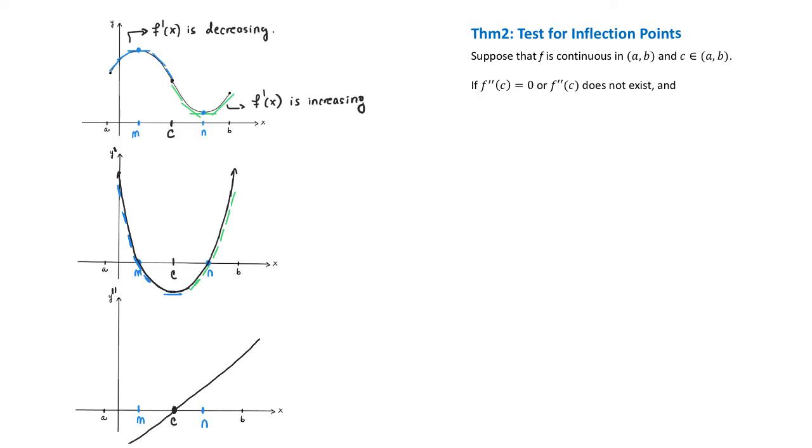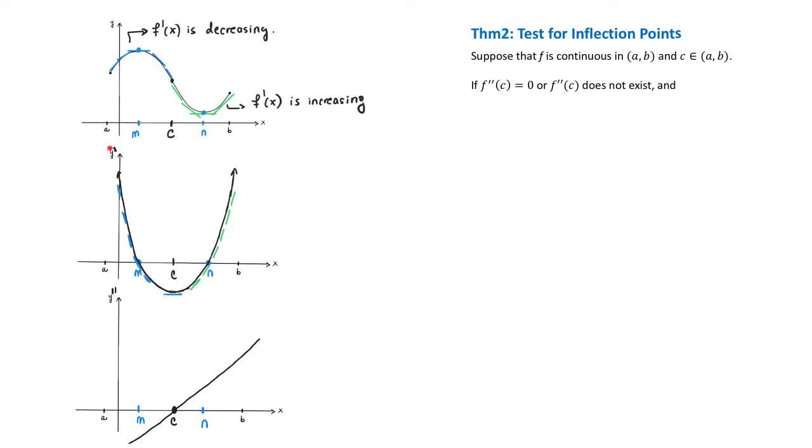Now, before we do that, let's go ahead and try to figure out what really happens at x equals c. If you remember, in the first graph, it was at x equals c where the concavity changed. We went from concave down and then concave up.